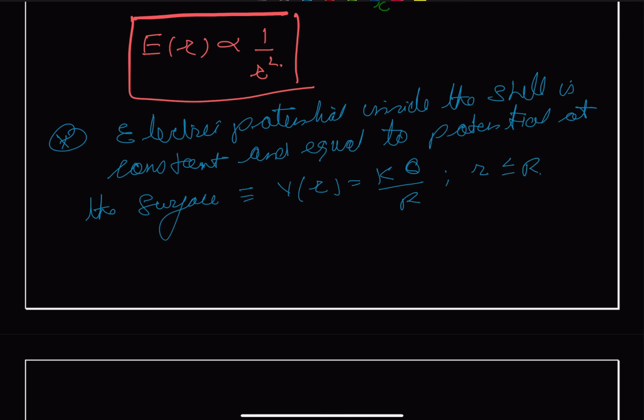Okay. And here we have to remember that this potential is constant, and is equal to the potential at the surface. So this formula represents the potential at the surface, and it will be the same inside the shell also.